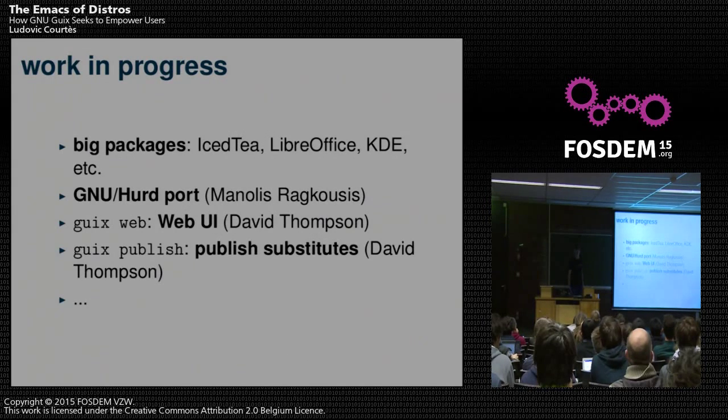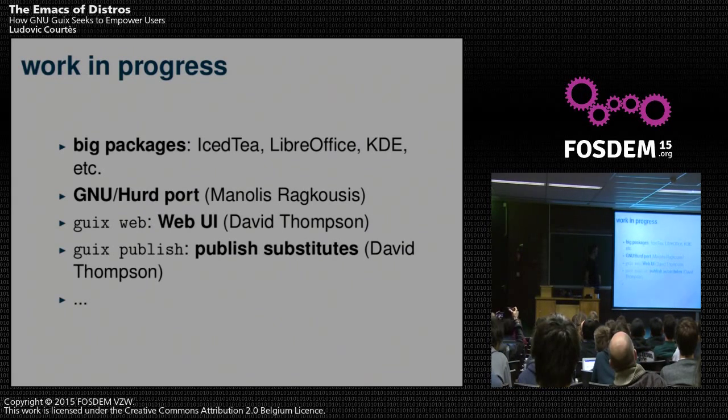Work in progress. We have people working on those big, scary packages. Actually, we got ICE very recently, and people are working on LibreOffice, KDE, and stuff like that. It's a bit scary to me, but I'm glad that people are actually working on it. We have someone who started a GNU Herd port because the GNU system is supposed to use the Herd.